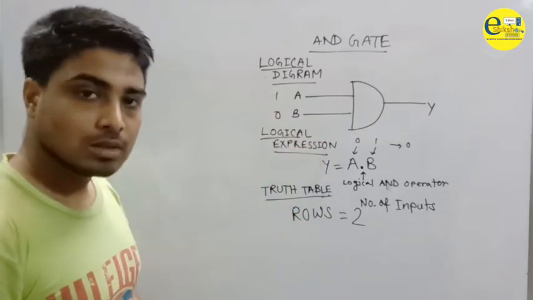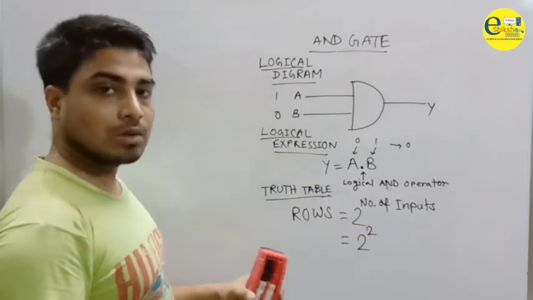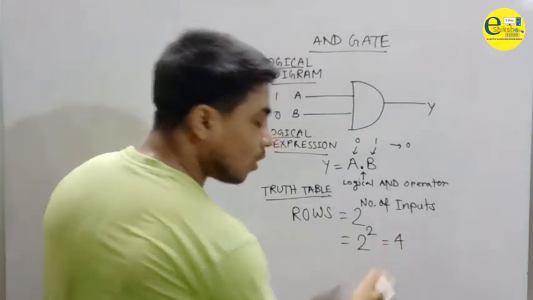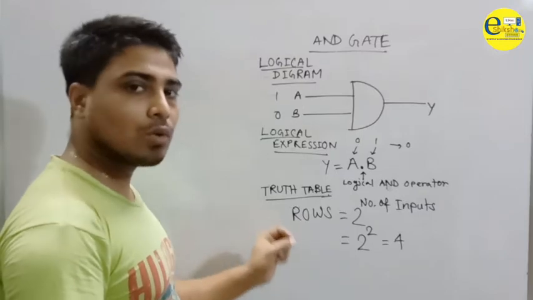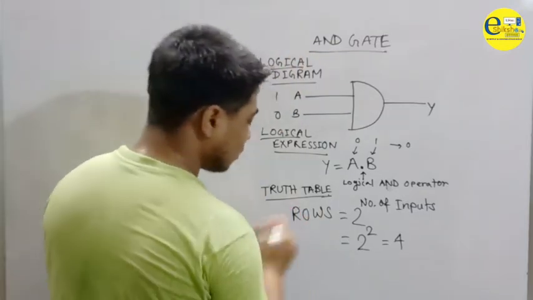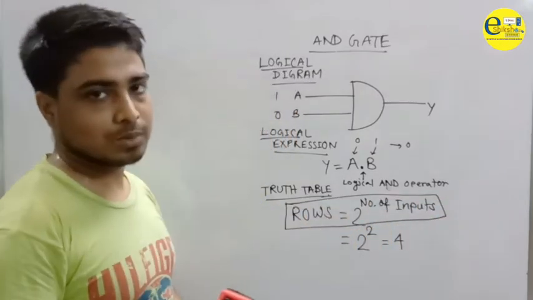Tell me. 2 inputs. That's why I'm writing 2 to the power 2. And what is the result of 2 to the power 2? It is 4. That's why we have to draw 4 rows for AND gate. So total number of rows is 2 to the power number of inputs. Just note it down.